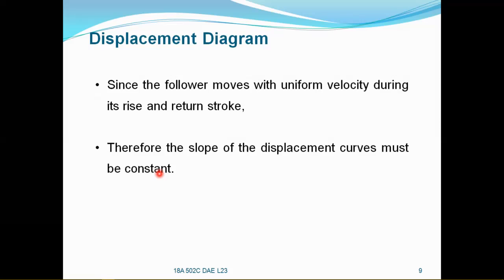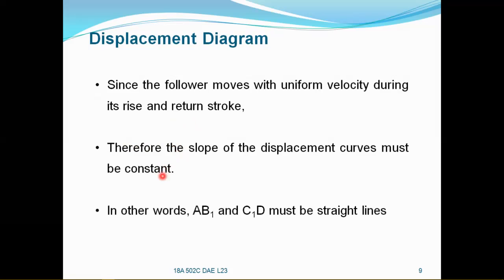If the angular displacement increases, then the lift also increases; if the angular displacement decreases, the lift also decreases. So the rise and return stroke take place like this, and in other words, AB1 and C1D must be straight lines.